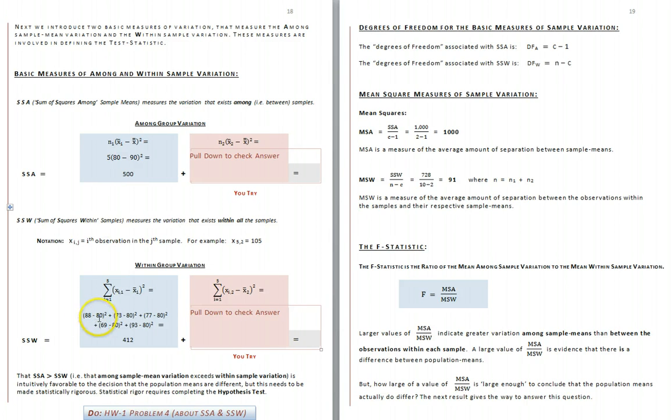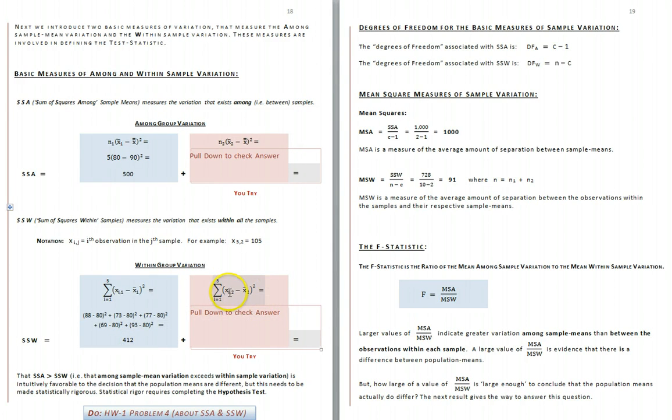So far we've got 8. Squaring that, because it says to square it, we get 64, plus 73 minus 80, which is minus 7, squared is plus 49. So we've got 64 plus 49 and so forth going across here. And when we add them all up for the first sample, our amount of within group variation is 412.